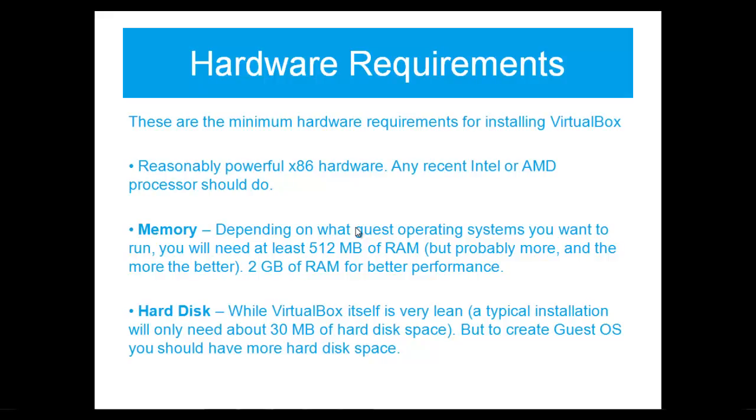But my suggestion is 2 GB of RAM for better performance, because while creating a guest OS you have to assign some RAM to the guest operating system. With 2 GB of RAM you can run more than one virtual machine along with your host operating system.